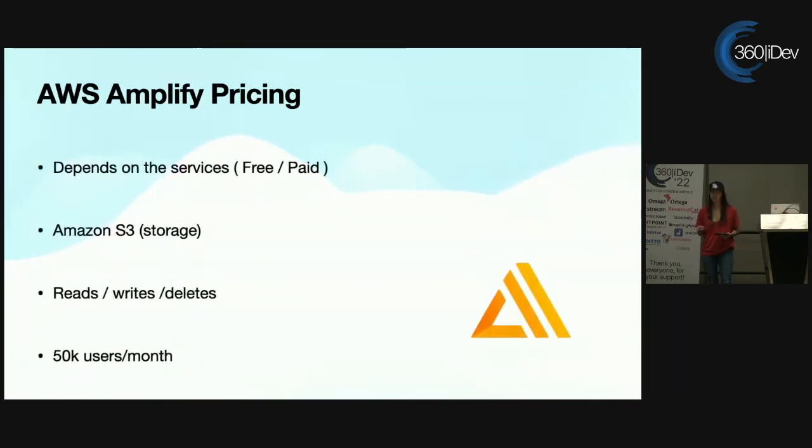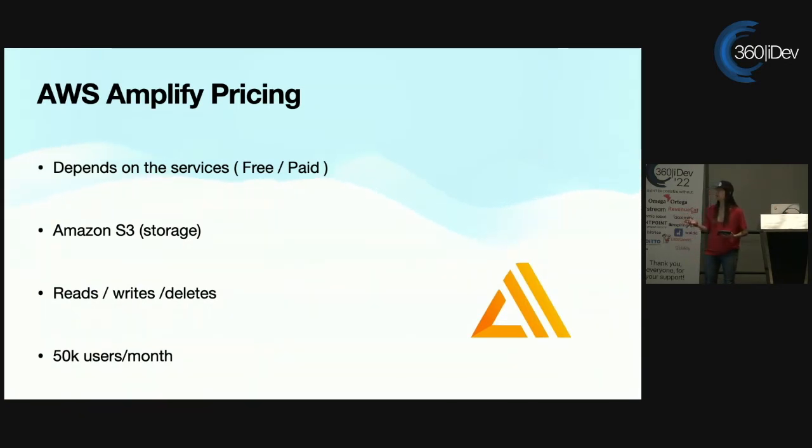Next, we have AWS Amplify. Their pricing follows very similar patterns. They depend on the service that you use, and they explicitly state it in that way, versus Firebase. You see the Firebase website and see all the different things you can use immediately, whereas with Amplify, you can use almost all the different Amazon services that are offered, but to find the pricing, you have to go to the individual ones.